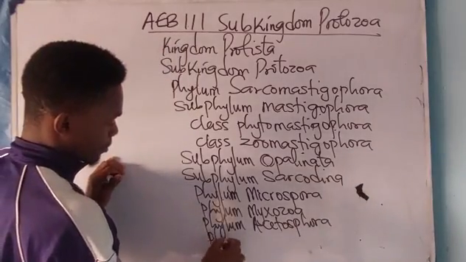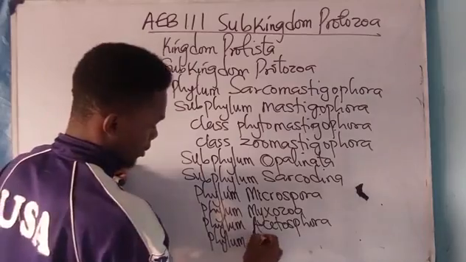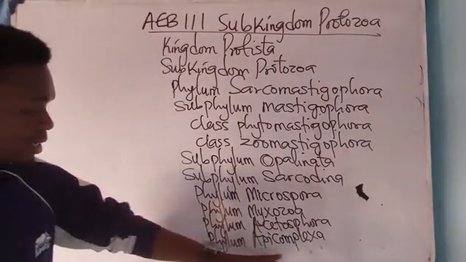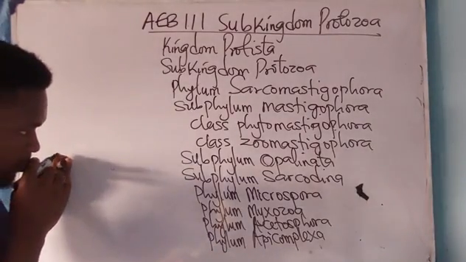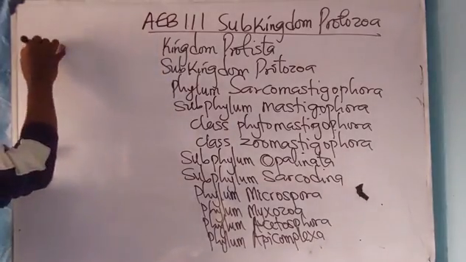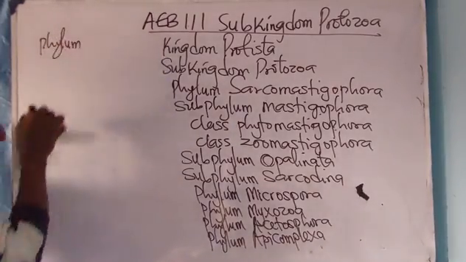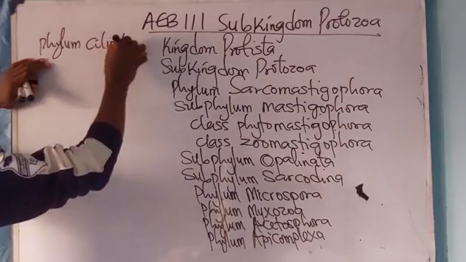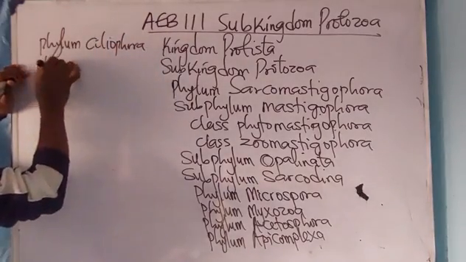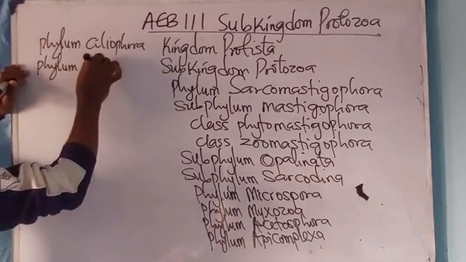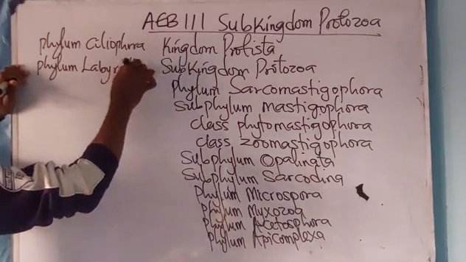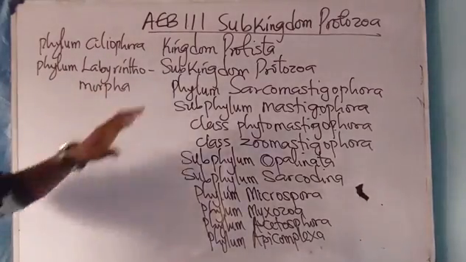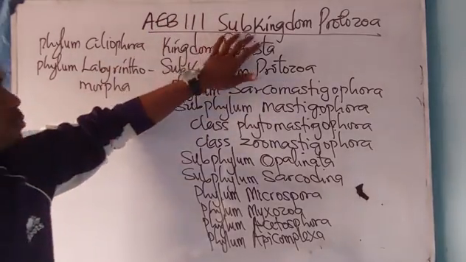You have Phylum Apicomplexa, and you also have Phylum Ciliophora. You have Phylum Labyrinthomorpha. Alright, so this is the full classification of what subkingdom, Protozoa.